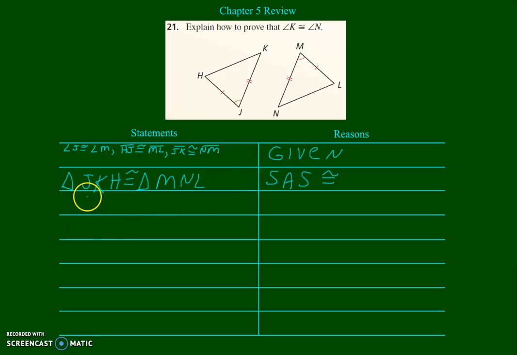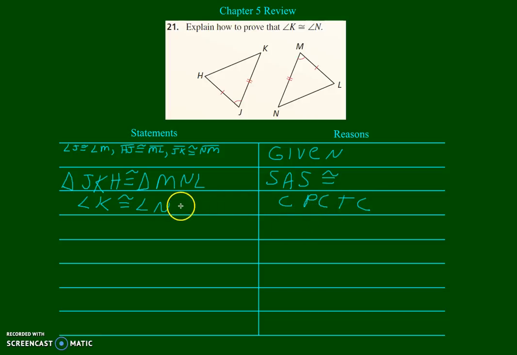So we can say that angle K is congruent to angle N by CPCTC. Corresponding parts of congruent triangles are congruent. The definition of congruent triangles.